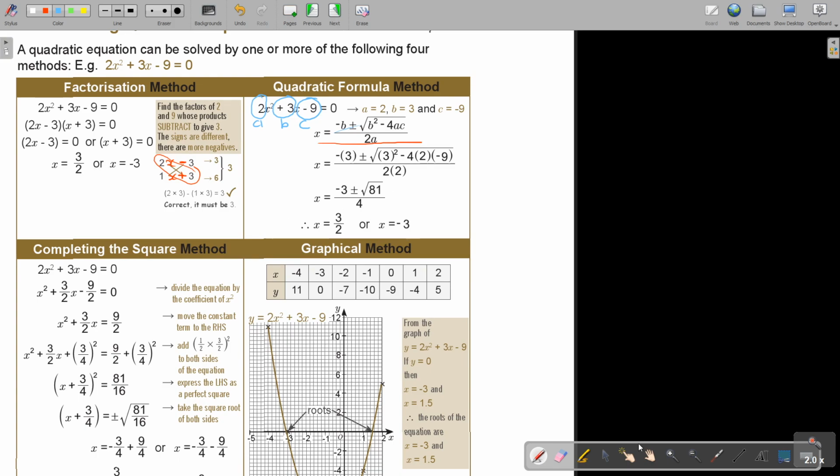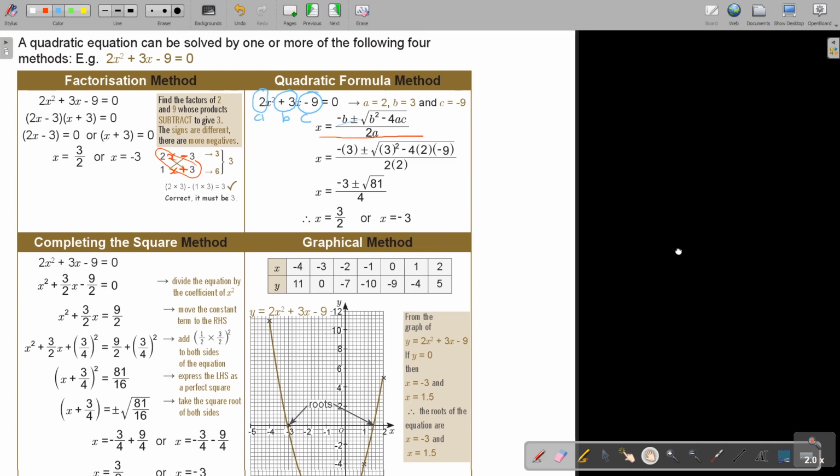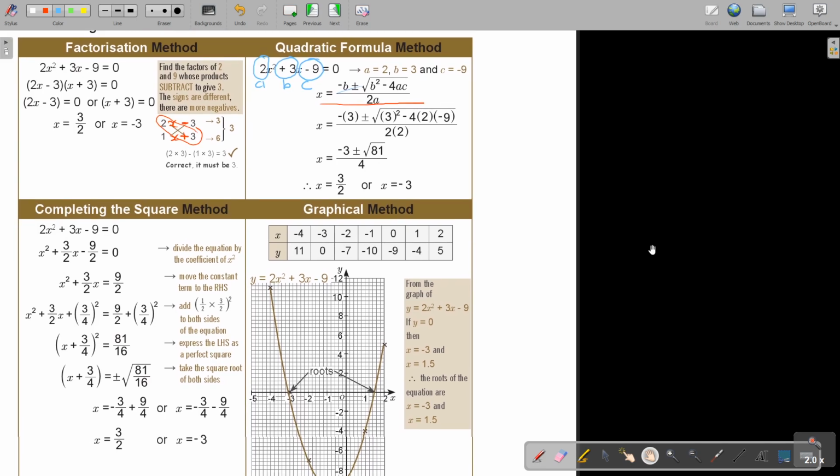Then completing the square. Usually in ordinary level we said completing the square only if they ask for it. So in this case, I take that one over, then I make it a perfect square by taking the middle term, dividing it by 2 and squaring it. Whatever I add on this side must be added on this side. Then I take the square root, because it's a perfect square, and I simplify.